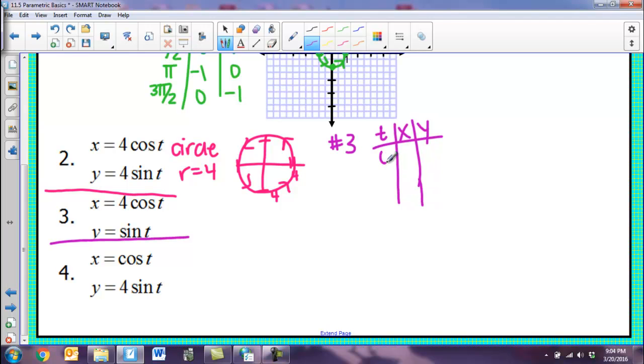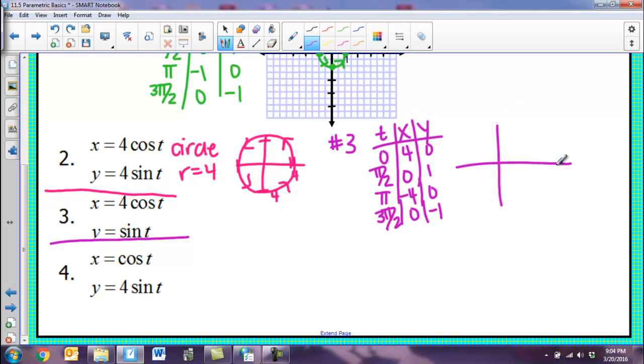And again, I pick easy t values here, and then I go ahead and I plug them in. And so 4 times the cosine of 0 is going to be 1 times 4, 4. Cosine of pi over 2 is 0. Again, this will be -4 and then 0. Then I go to my sines, and I have 0. Now this didn't have a 4, so it's just 1, 0, and then -1.